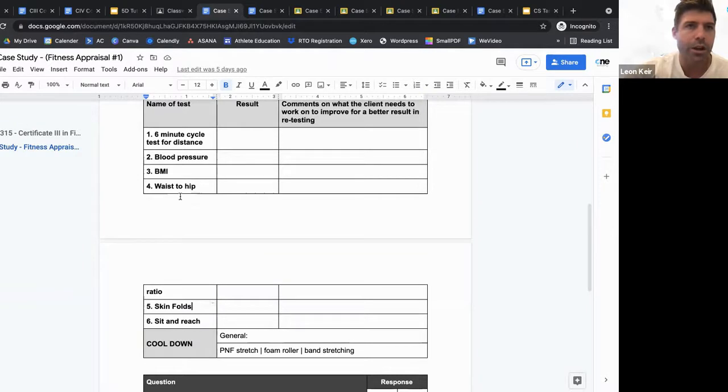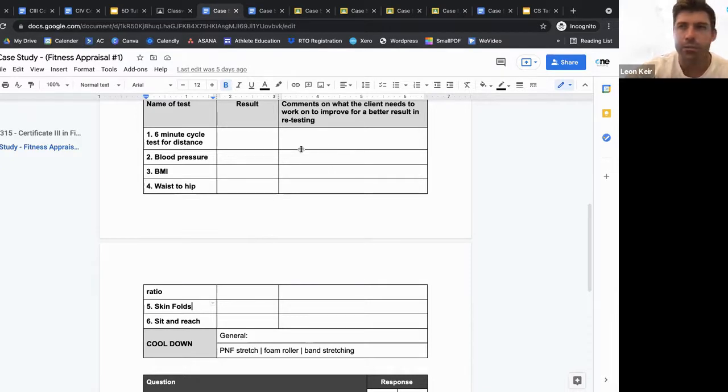So if you just want to go back to those tables, you'll be able to see what good scores are, what poor scores are, and then you can roughly guess what you think your client would get. Do you think that would be a good score, a poor score? And then here you just have to talk about what type of training they have to do to improve on that next time. So again, just some rough notes. Doesn't have to be too detailed. It's just some rough stuff down here.